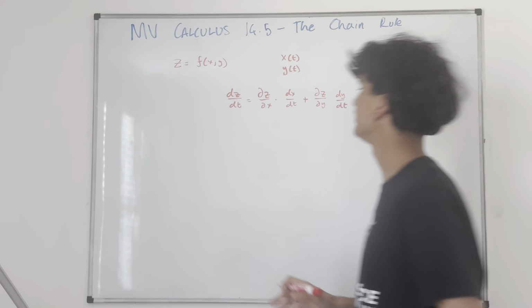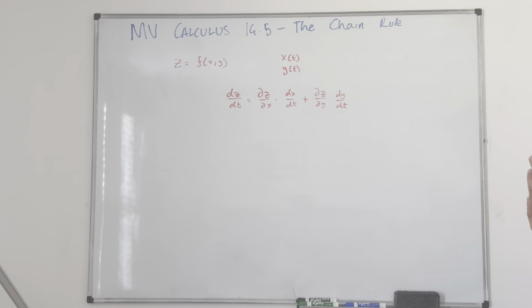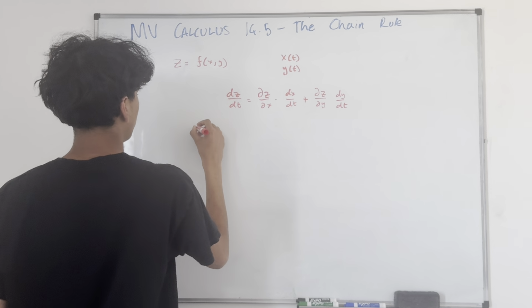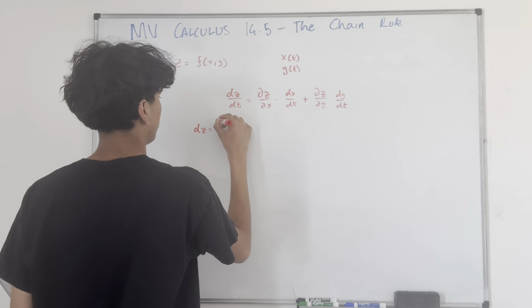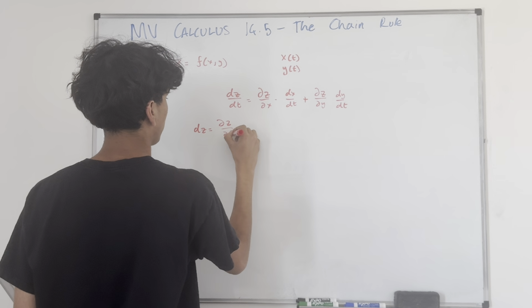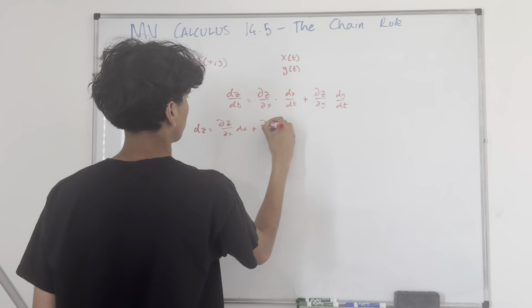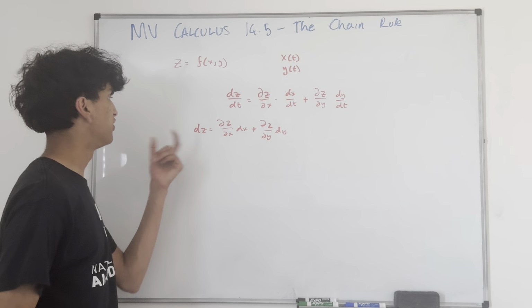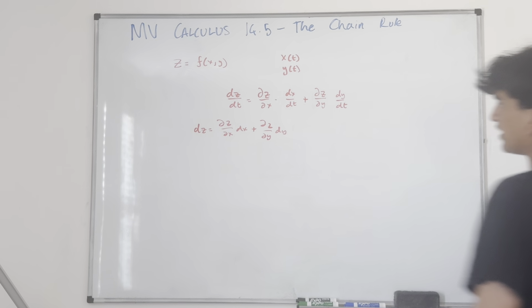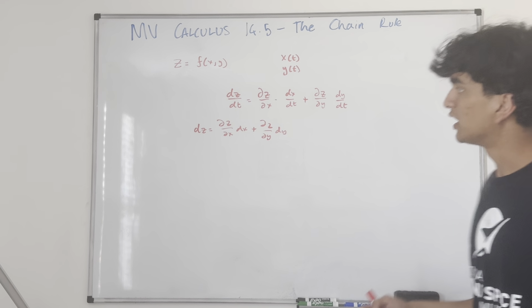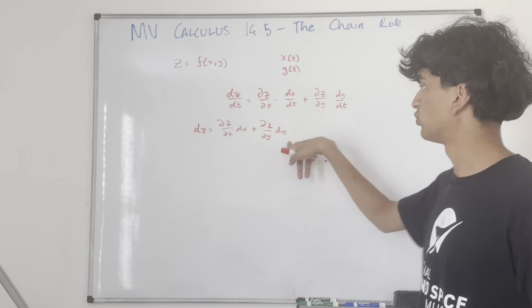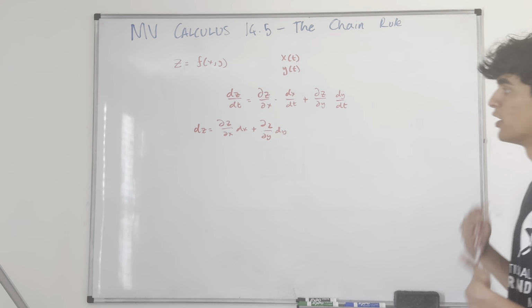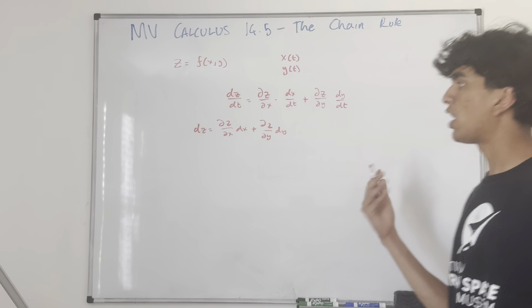There are two ways to think about why this works. The first way is using differentials. We know the differential dz equals partial z partial x dx plus partial z partial y dy. We talked about how this differential dz represents the change in z for a given change in x and y, specifically when those changes approach 0.